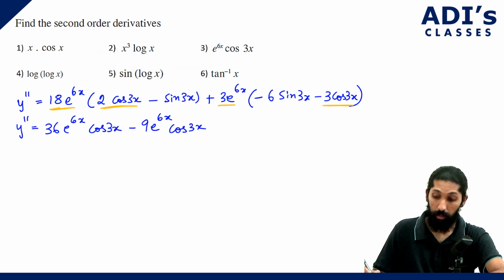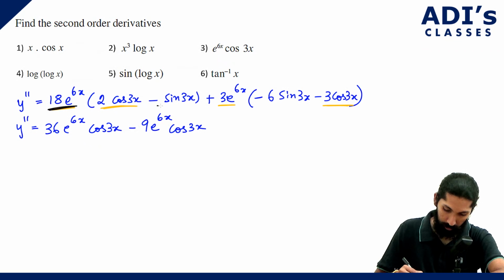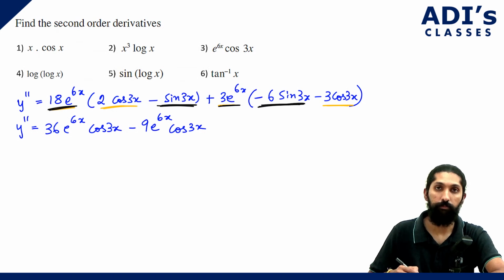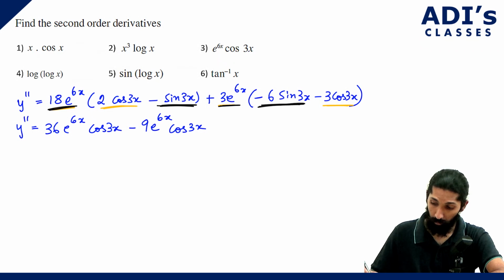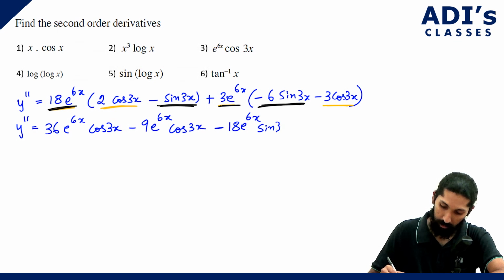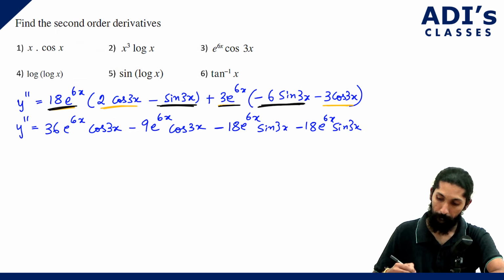Correct? Then after that, we'll take this one and this one and this one. Right? So when you're doing that, you'll get minus 18 e power 6x into sine 3x minus 18 e power 6x into sine 3x.